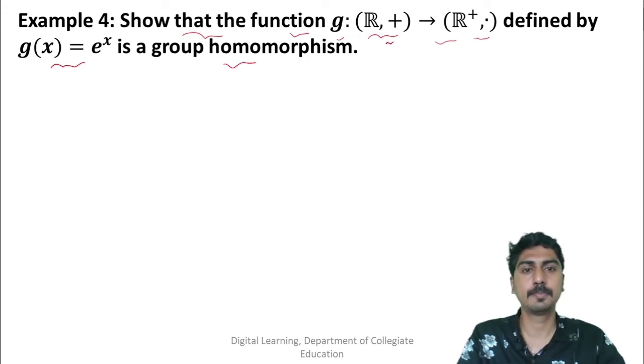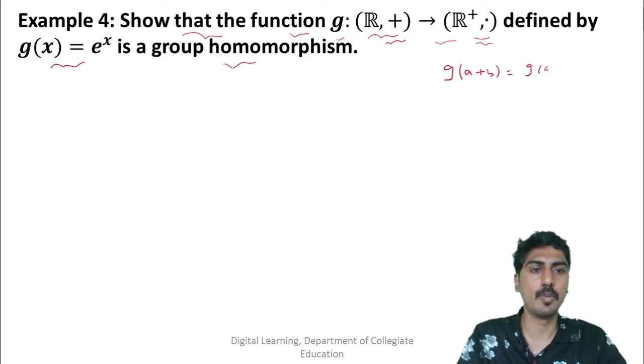Here the binary operation on the domain group is addition. The binary operation on the codomain group is multiplication. So we need to show that g of a plus b is equal to g of a into g of b for all a, b in R.